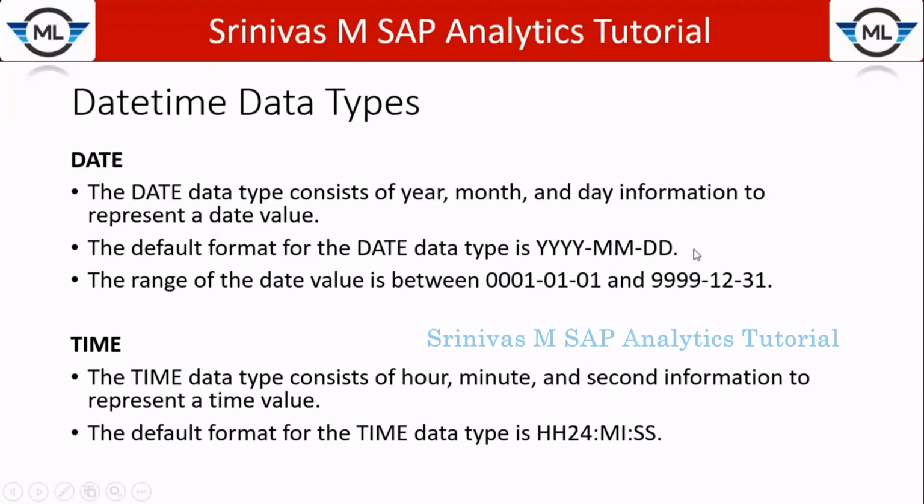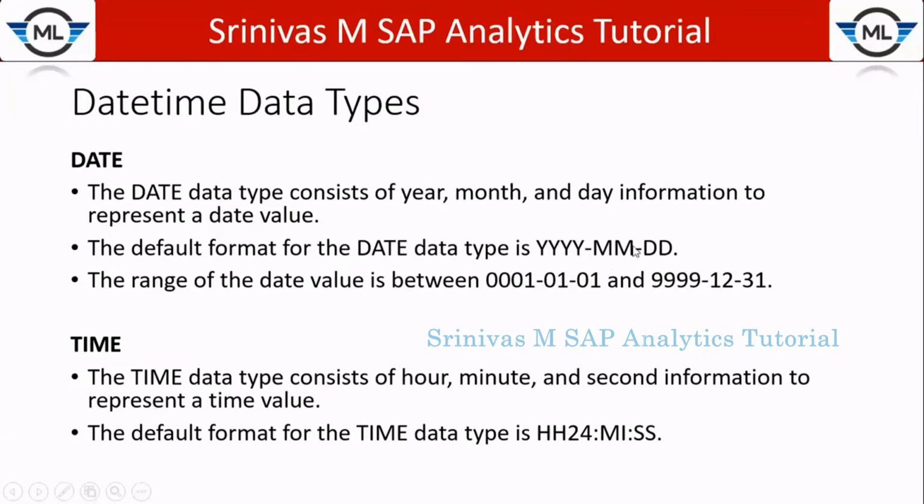For example, if you want to extract the month information from the date, you must extract from the 6th to the 7th character. So the 6th and 7th characters are your month information, whereas in SAP ABAP, generally the 5th and 6th are the month characters.